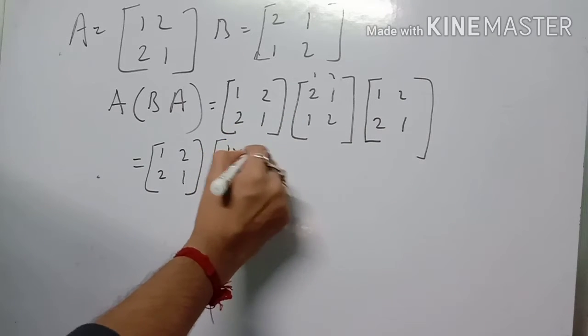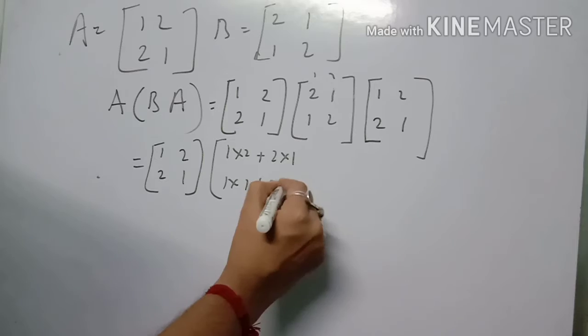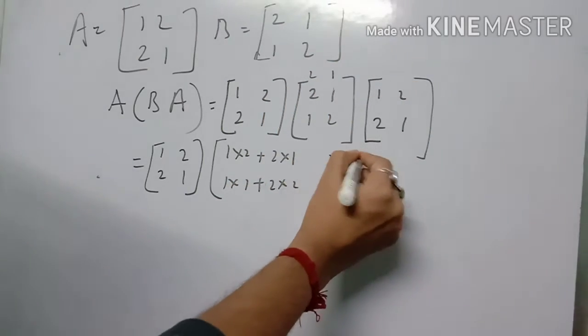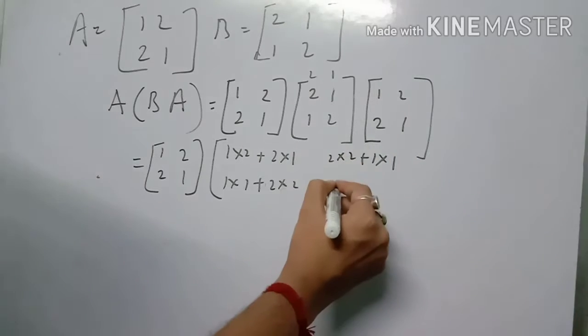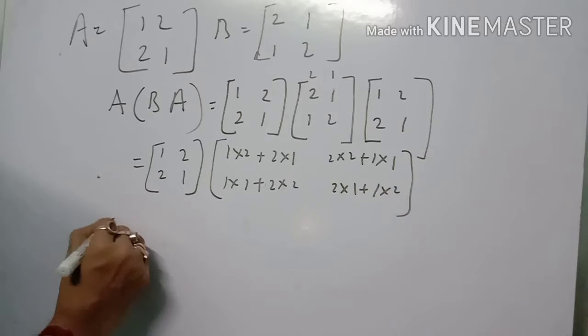1 into 2 plus 2 into 1, 1 into 1 plus 2 into 2, 2 1 here, 2 into 2 plus 1 into 1, 2 into 1 plus 1 into 2.